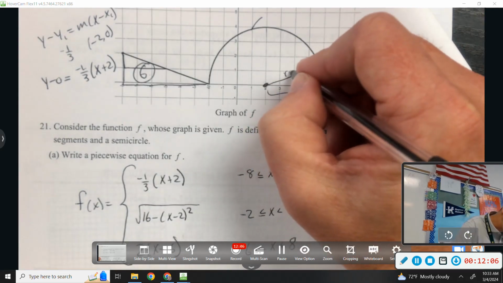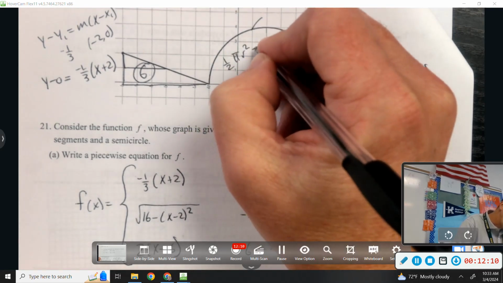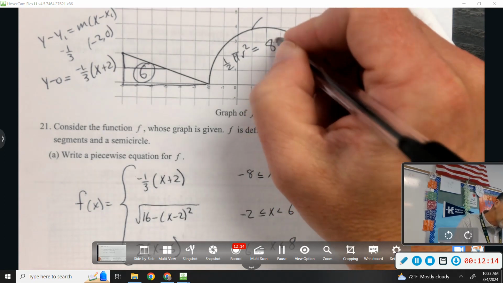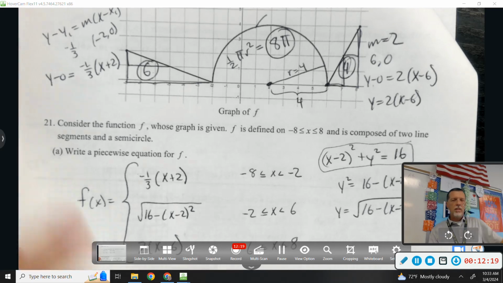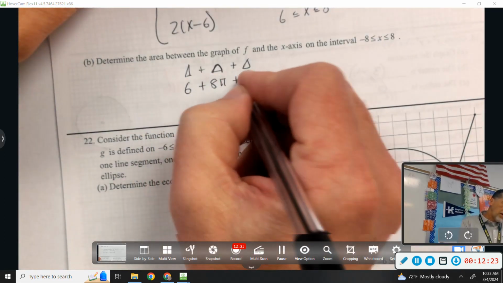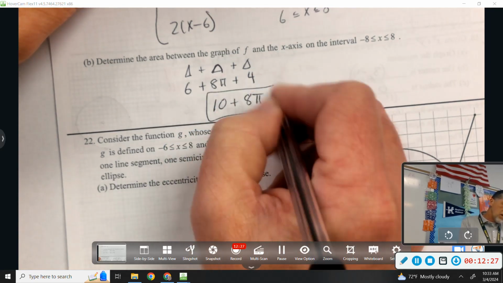And if that radius is 4, 1/2 pi r squared would be half of 16 pi. So 8 pi for the top half. So 6 plus 8 pi plus 4, or 10 plus 8 pi.